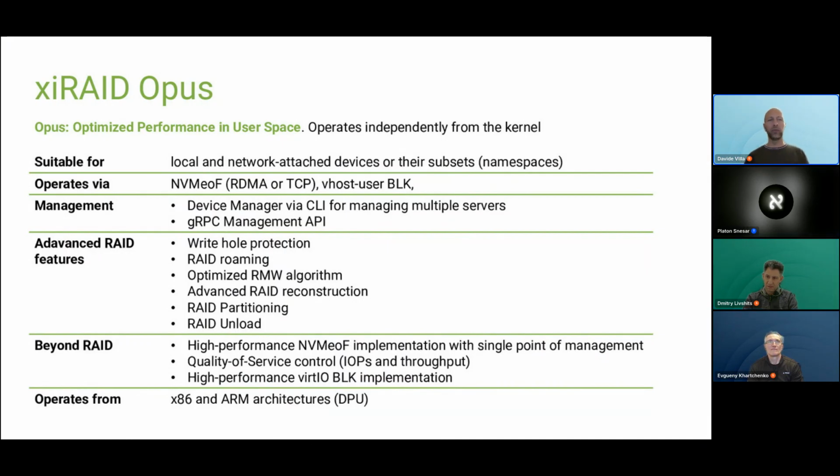And that's something we introduced earlier this year. It's meant to be used not just for local drives, but also for network attached drives. So we support NVMe over Fabrics through RDMA or TCP, or you can access through vHost user BLK.